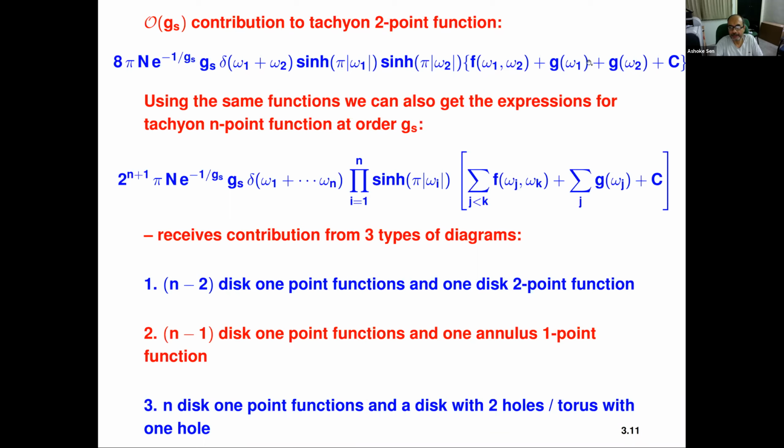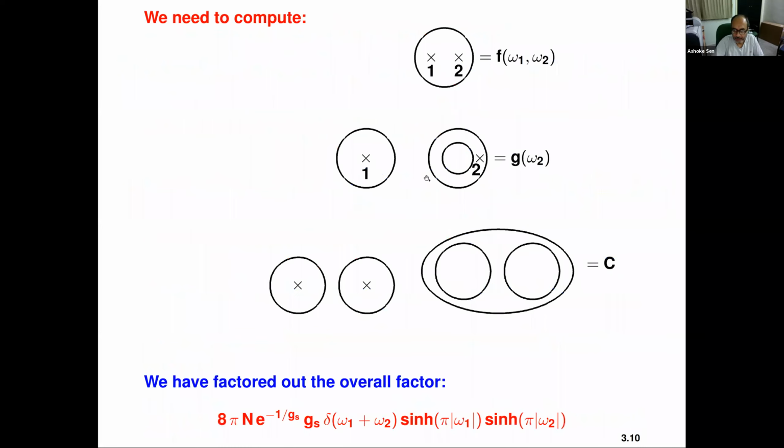And then you have G of omega 1, that's a product of a disk 1-point function and annulus 1-point function. G of omega 2, that's a product again of a disk 1-point function and annulus 1-point function. And C is just a constant that comes from here. So this doesn't have any omega dependence because omega dependencies are all coming from here, which is trivial. That just gives a factor of 2 sinh pi omega 1 for each 1 punctured disk.